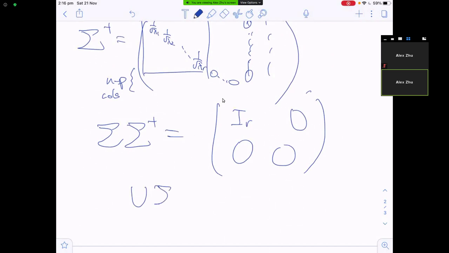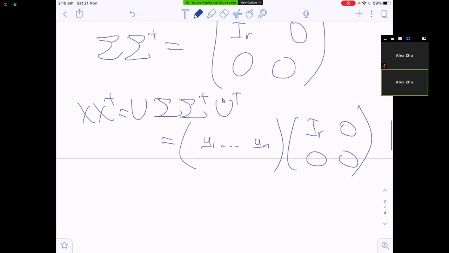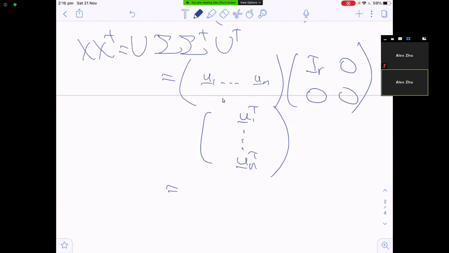When you have these four things multiplied together, and considering that U is an orthogonal matrix, you have U_1 to U_n multiplied by the identity with zeros, multiplied by U_1 transpose all the way to U_n transpose.